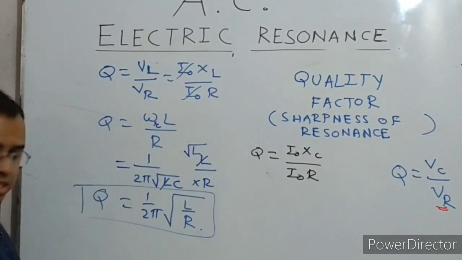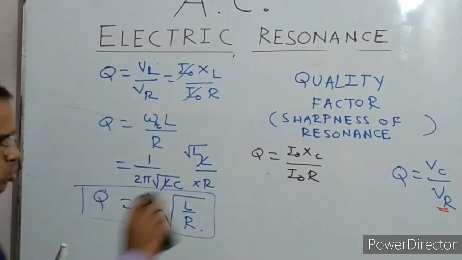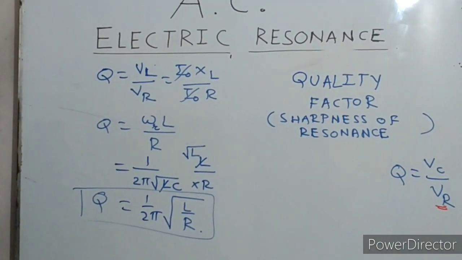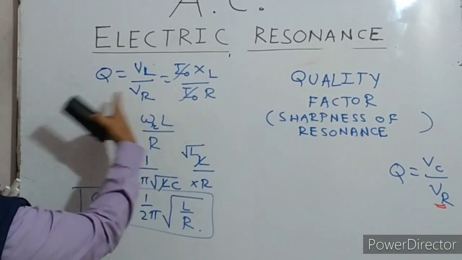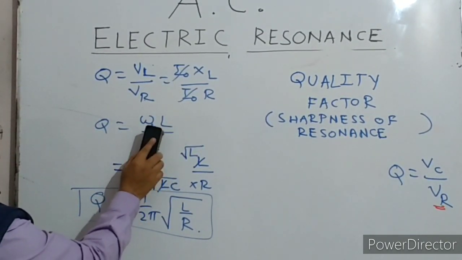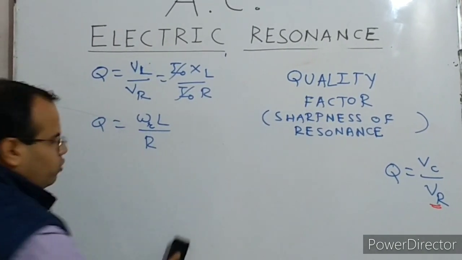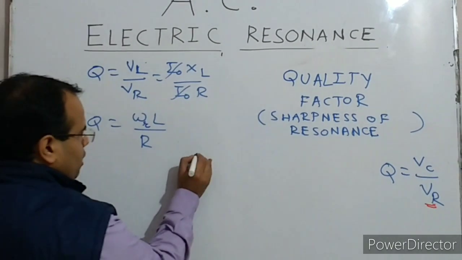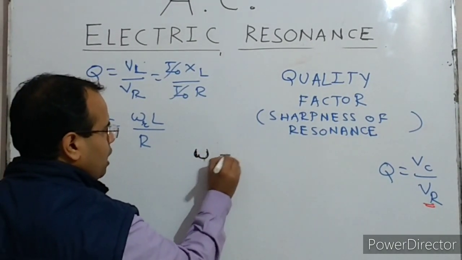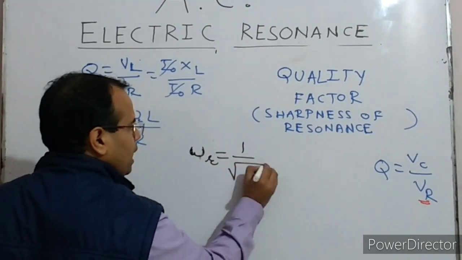Just a minute. One mistake we made. Actually, in the previous one, there is one problem, so I am correcting it here first. VL is I naught XL, VR is I naught R. That is correct. Now omega R into L upon R. After this, you have to understand that the value of omega R is equal to 1 upon root LC.